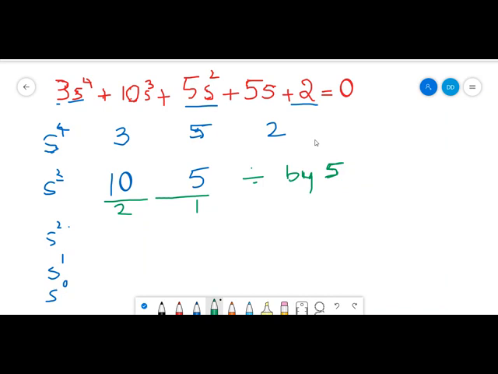Now we'll go for finding the third row elements. As we have discussed in the previous video, the third row element is obtained by considering the determinant of this matrix. So we'll write it as 2 into 5 minus 3 into 1, divided by 2.